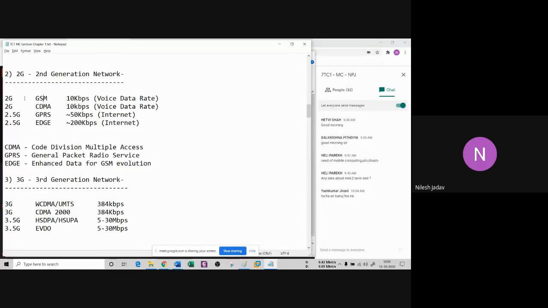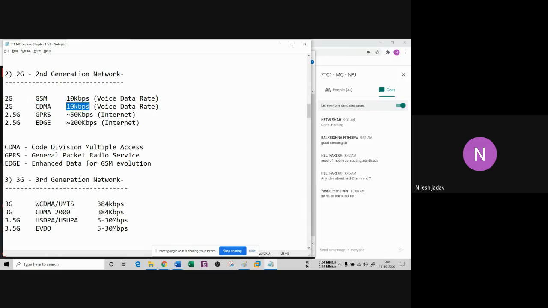So the second generation comes up as GSM with a speed of 10 kbps for voice data rate, which was very, very small and not very useful. Then we changed the technology to code division multiple access.